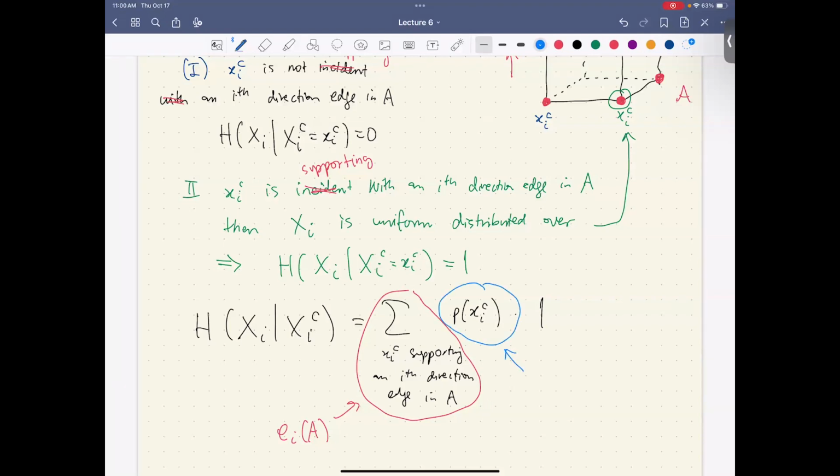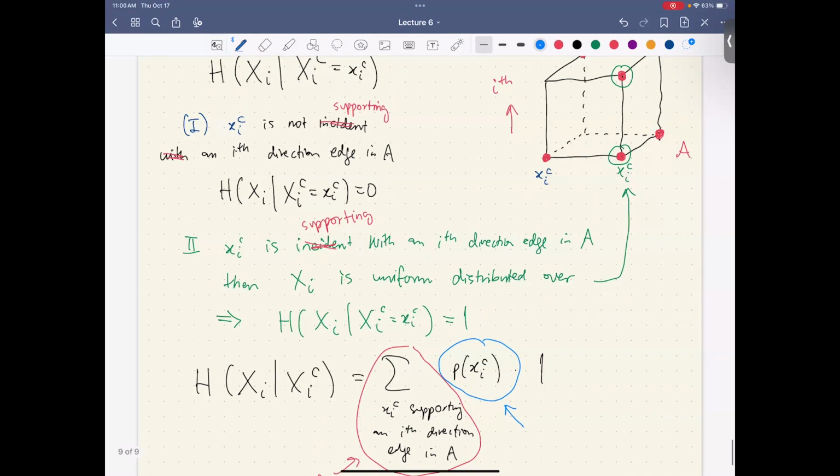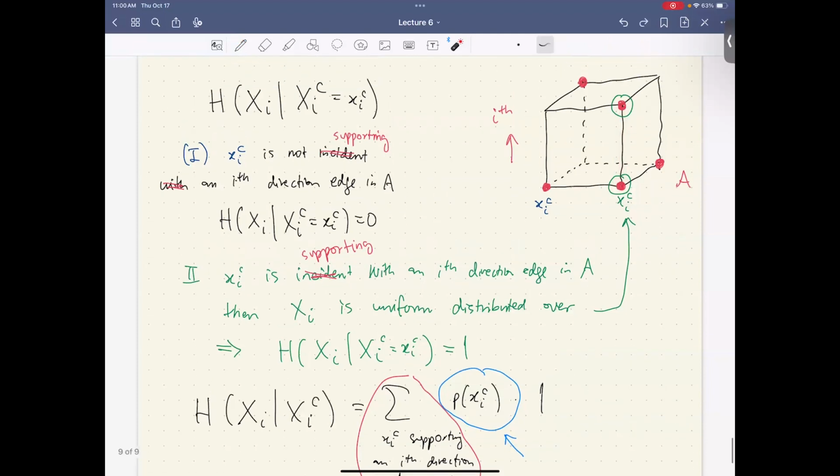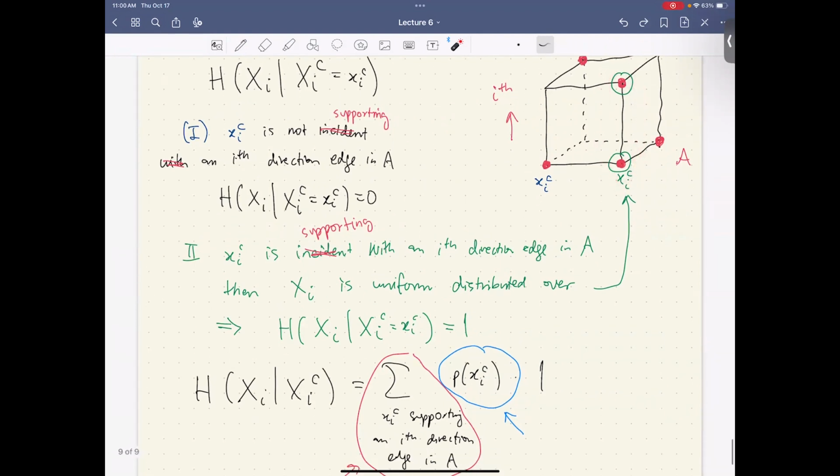So we just need to look at this guy. What's this? Well, if we already know this choice of projection supports an edge, so we fix all other coordinates already, that means x is chosen in here.